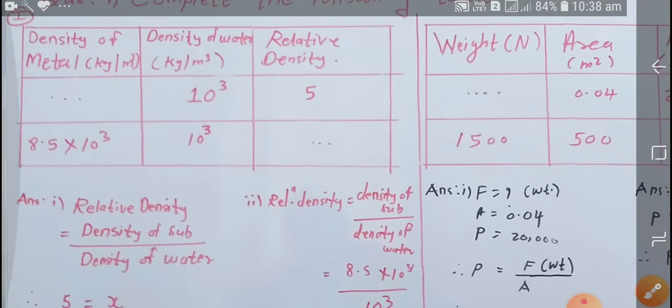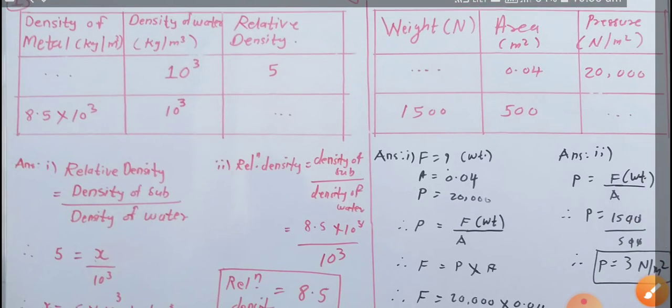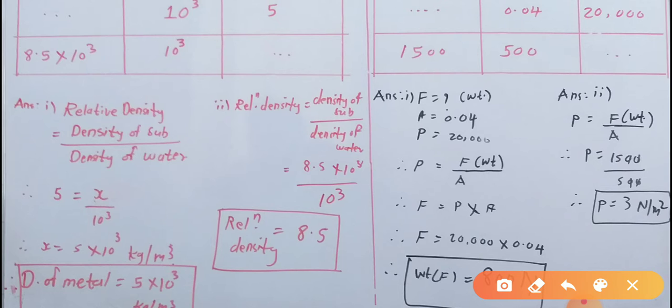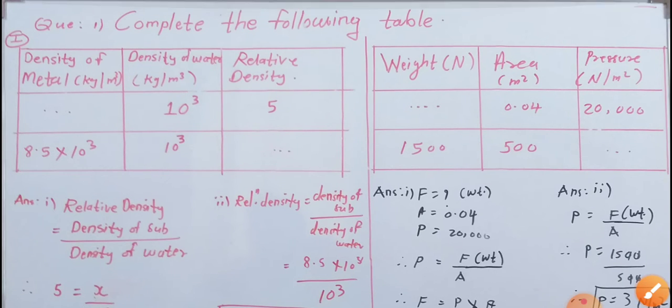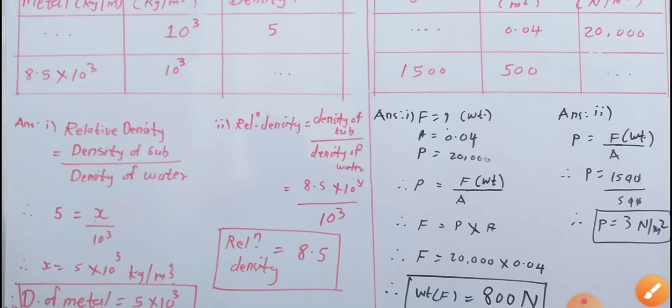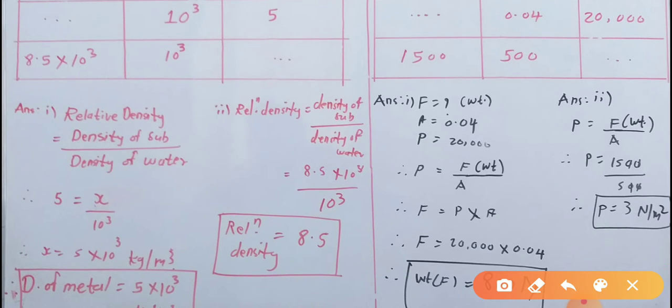In the first example, relative density is equal to the density of substance upon density of water. This is the formula. So here what is given? Density of water and relative density are given. Relative density 5 is equal to x upon density of water, 10 raised to 3. The density of the substance is not given, suppose it is x.